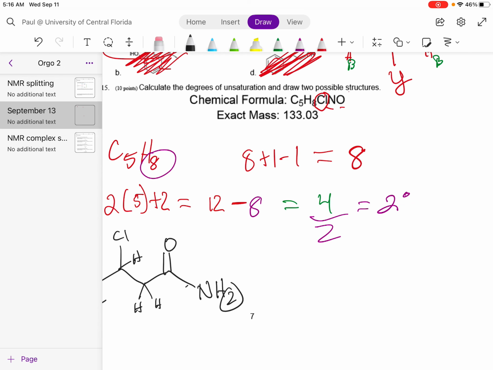Okay, 5 carbons. What if I drew a 5-membered ring? That's 5 carbons. And a ring counts for 1 degree of unsaturation. So what do I have to do? I'll do another one like that. So that's 2 degrees of unsaturation. Now I need to tack on a chlorine and a nitrogen.